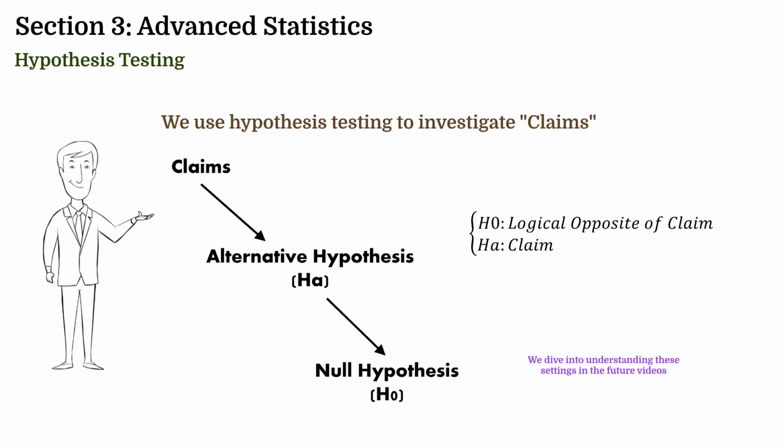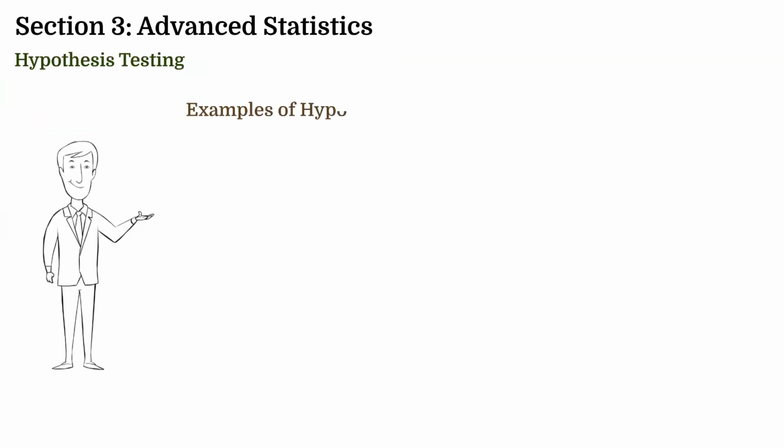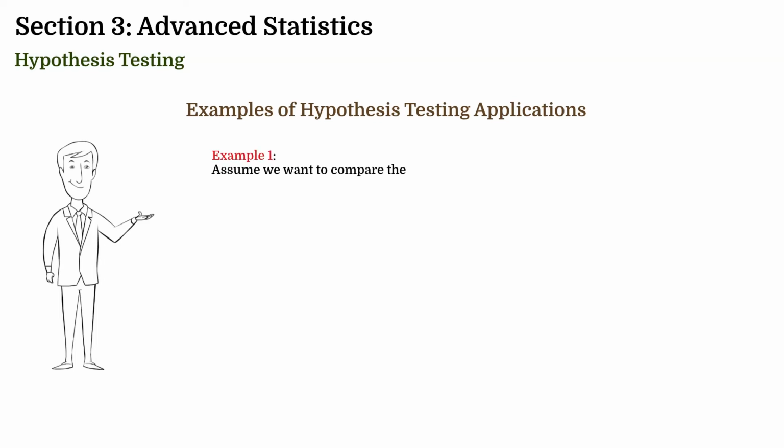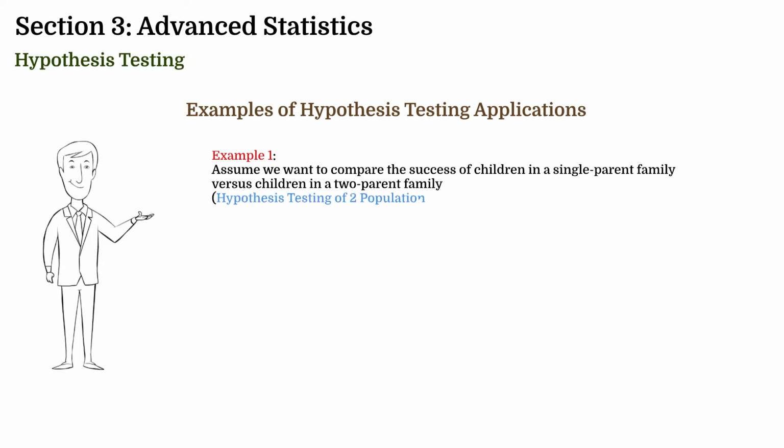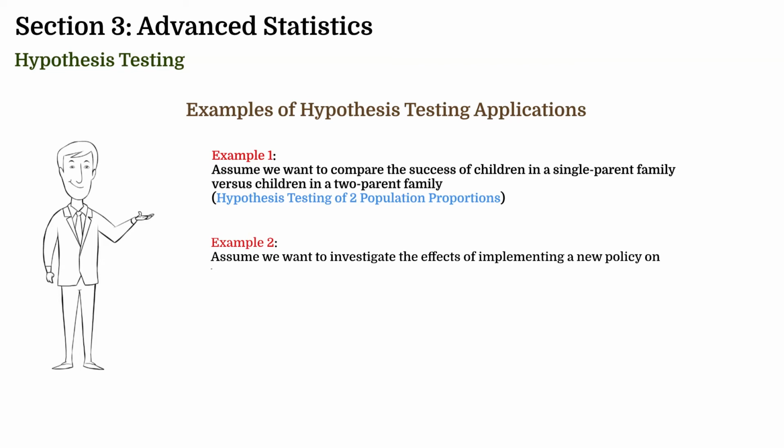More on hypothesis testing. Example of hypothesis testing application. First, assume we want to compare the success of children in a single-parent family versus children in a two-parent family. This is hypothesis testing of two population proportions. Another example, assume we want to investigate the effects of implementing a new policy on the total sales of an organization.